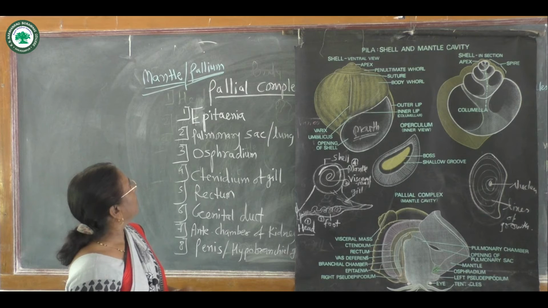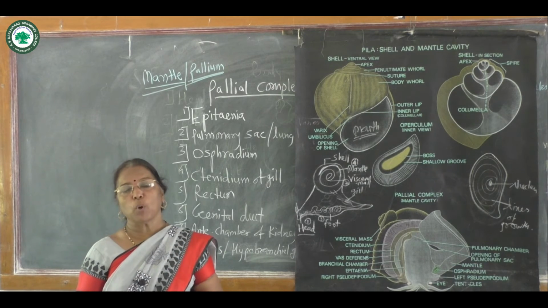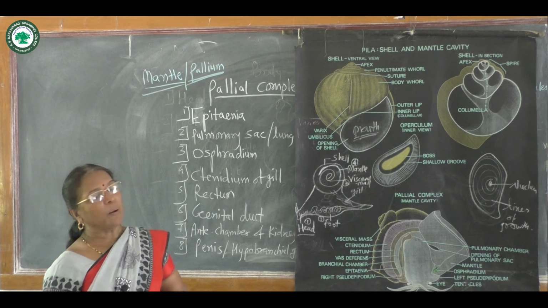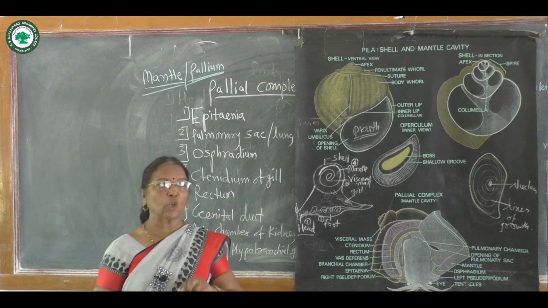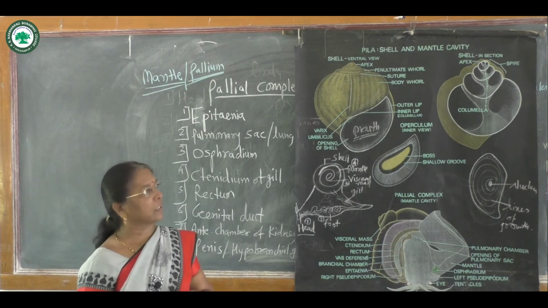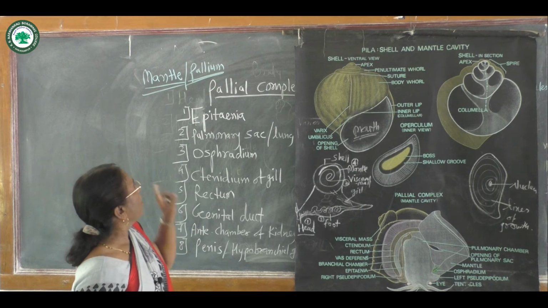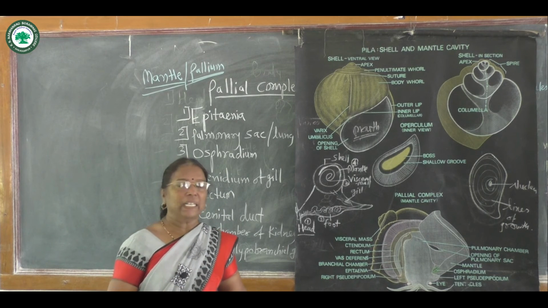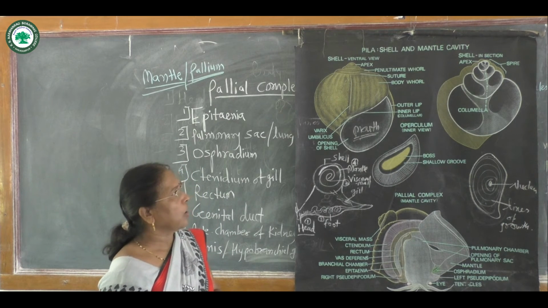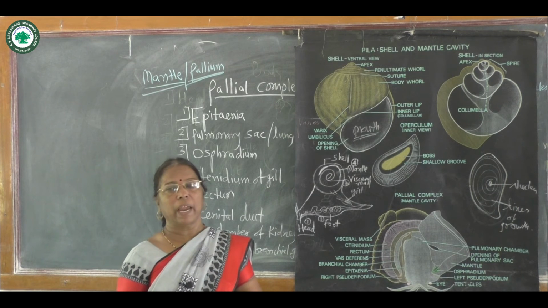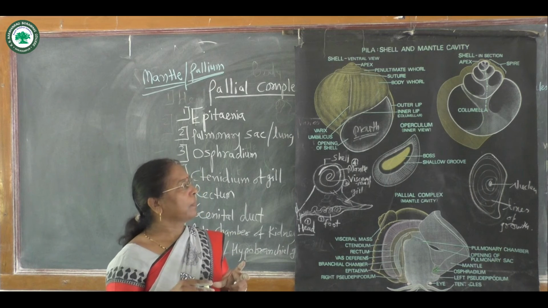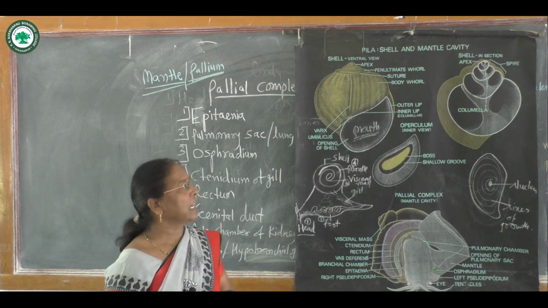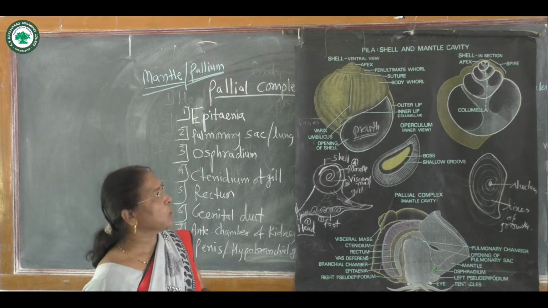Mantle is nothing but a soft body covering of the visceral mass, or the visceral mass covers a soft, delicate, glandular covering called the mantle, and the space inside it is called the mantle cavity, and the organs present inside it are called the pallial complex or the organs of pallial cavity.